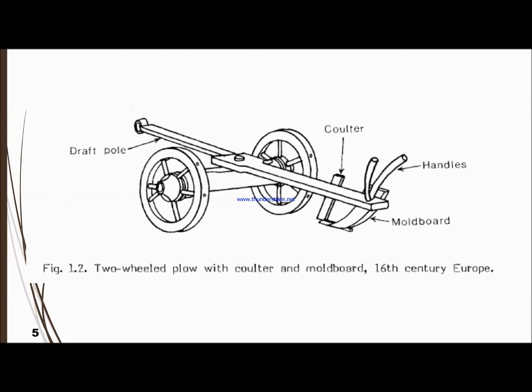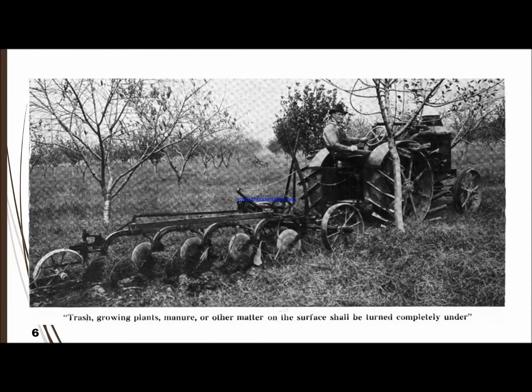Another example is the two-wheel plow with a coulter and a moldboard, designed in Europe. They took advantage of animal power, drawn from the draft fork, to operate for crop production.